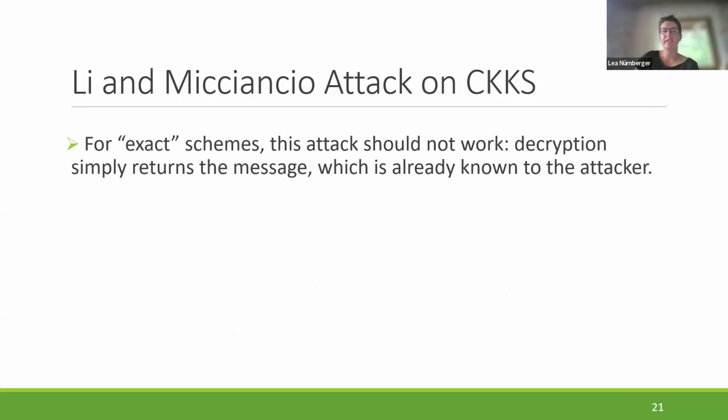But we also see that for exact schemes, this attack should not work, because there decryption simply returns the message, which is 0, which is already known to the attacker, so the attacker doesn't really learn anything more. So for exact schemes that correctly return the message that was encrypted, the attack has no meaning.